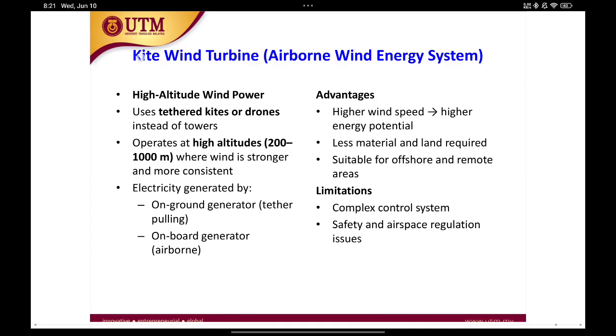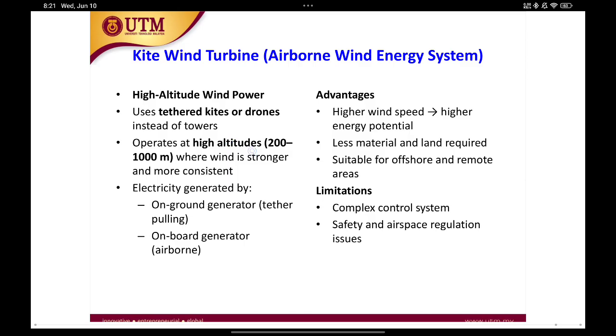Okay, so this is a kite wind turbine, an airborne wind turbine system. Basically you put the wind turbine on the kite, either on the kite or on the land, and the turbine is pulled by the rope connected to the kite. This is a high altitude wind turbine, with tethered kites or drones instead of a tower.